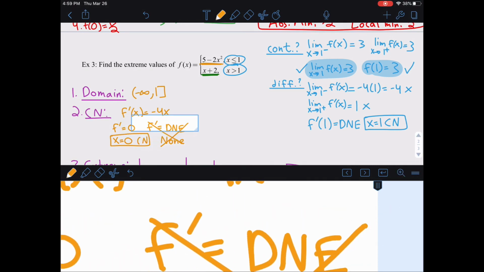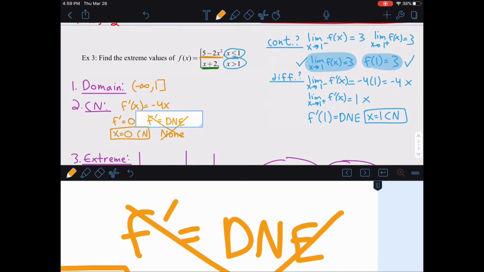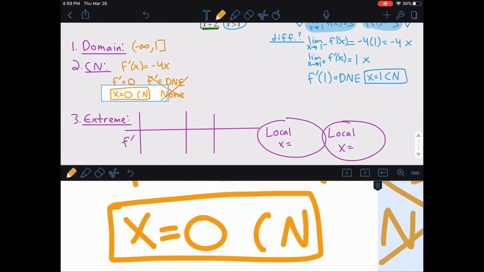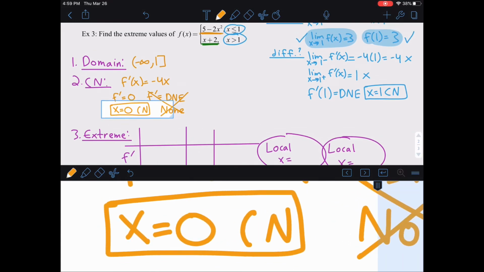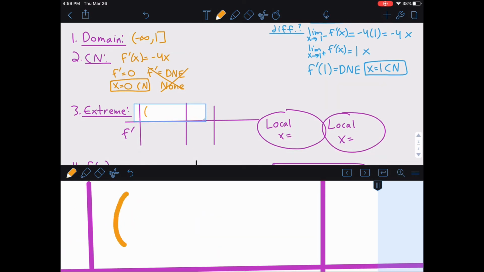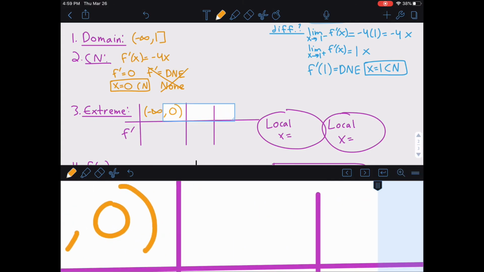Okay, so now what I can do is the first derivative test using just this part of the graph. So x equals 0 is going to split this domain up into 2 pieces. That's going to give me negative infinity to 0 and 0 to 1.